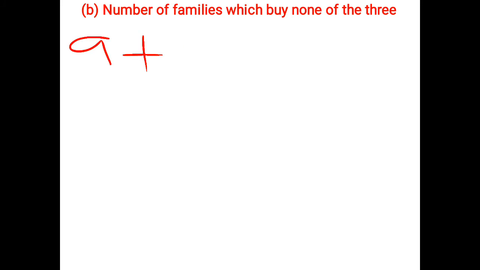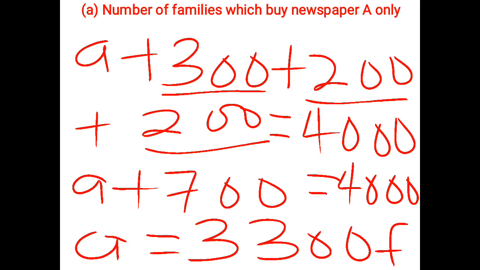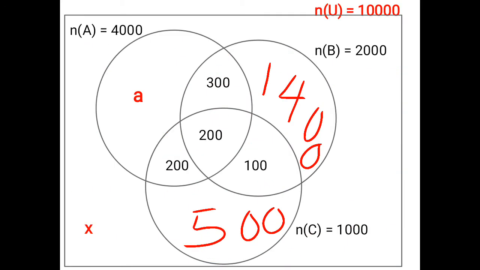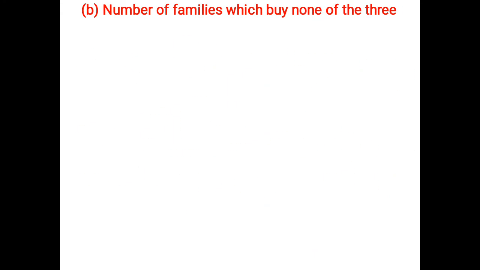Yes, but we already know our A to be 3,300. So in place of A, I'll put my 3,300. All right. So we are adding everything here as well as the x.